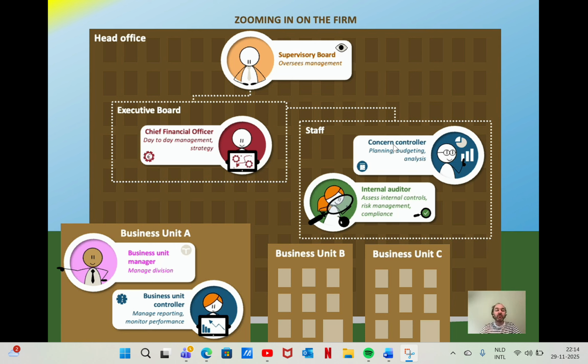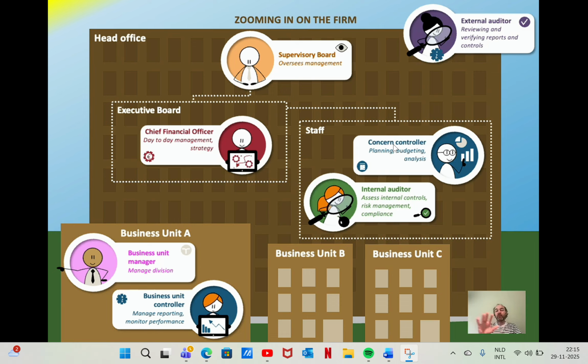Here, he or she reports this internally to this business unit manager that then can make decisions based on that information. And of course, there's still the external auditor who goes through the whole firm to provide assurance on what is reported when it goes to external users.